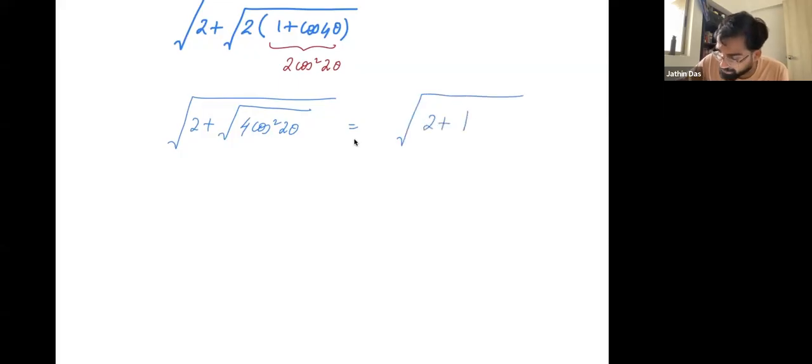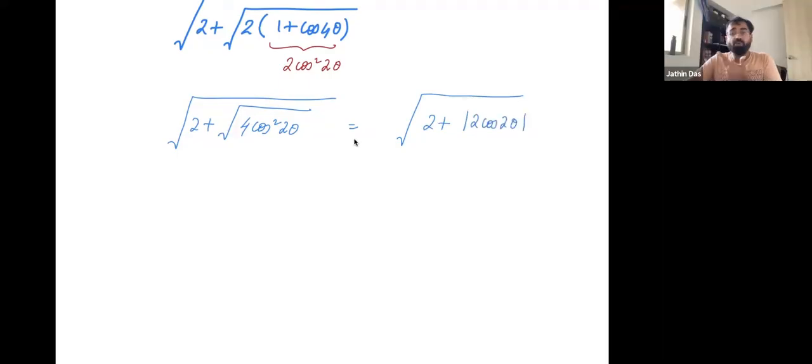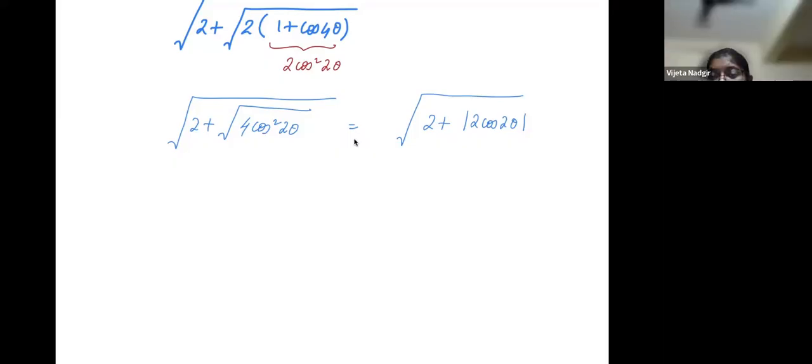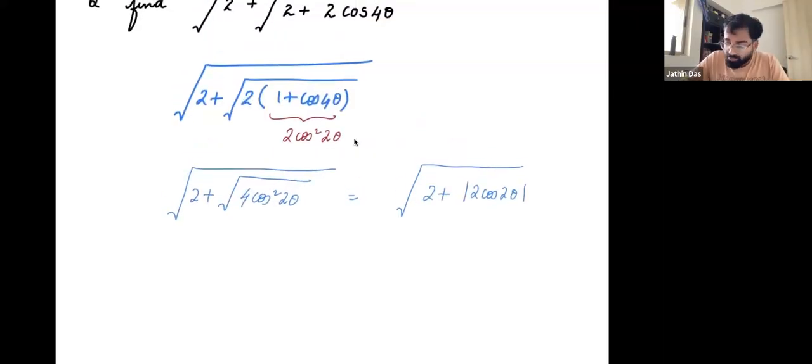The interval of theta is not given in this question. So we keep it like this only. We don't use mod. Okay?